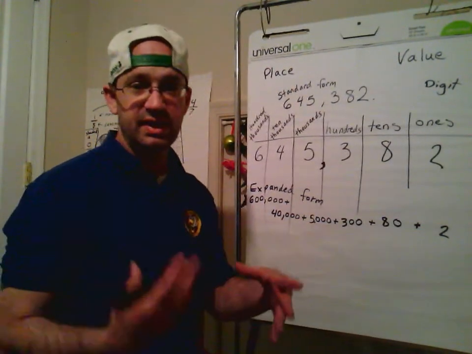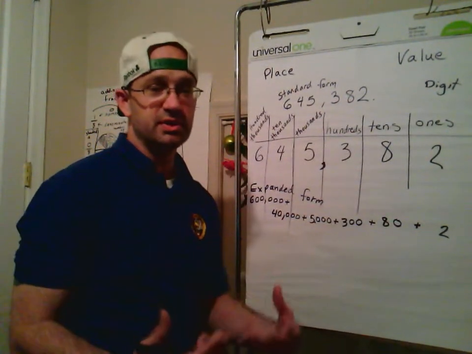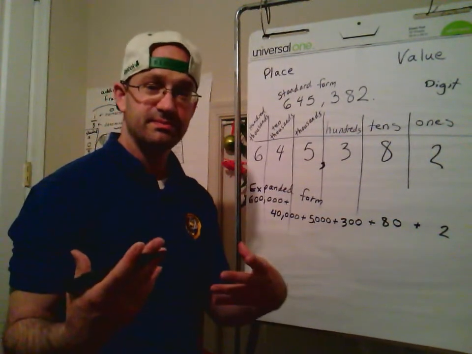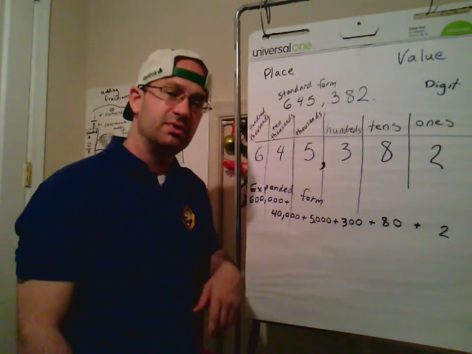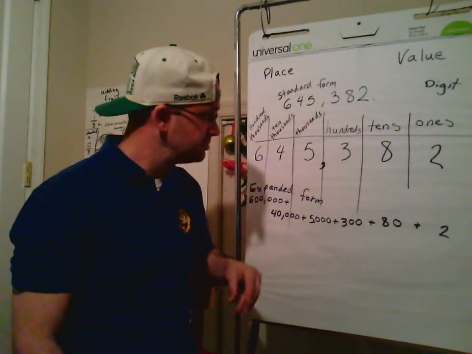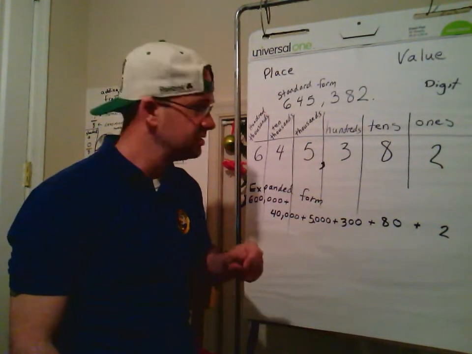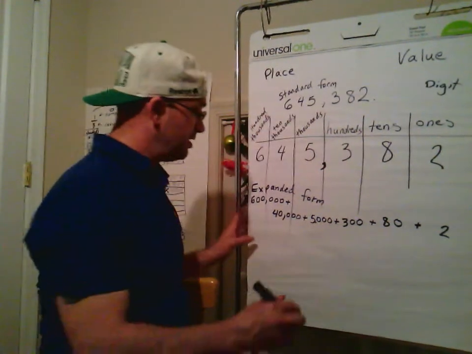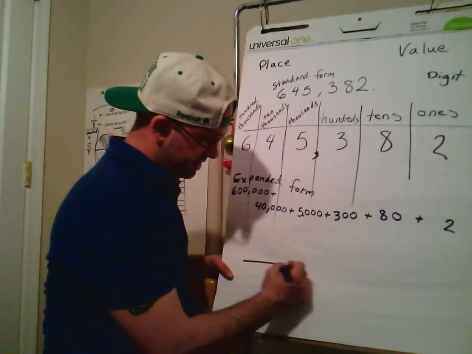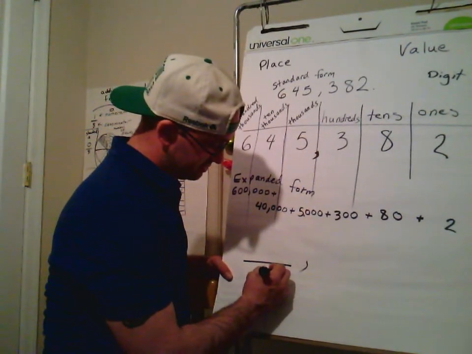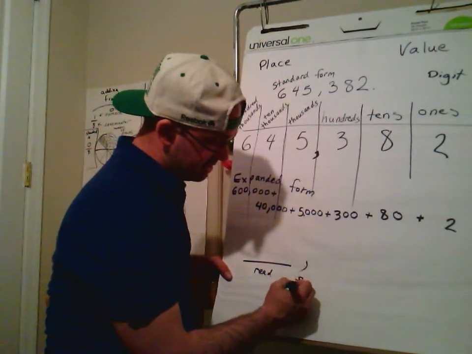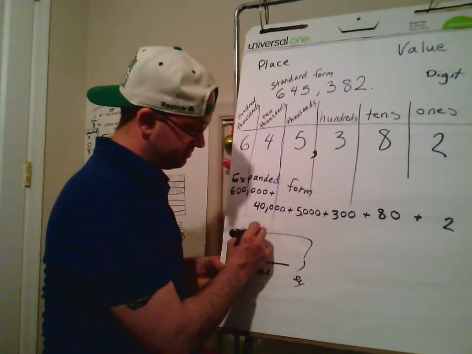645,382. And we had a little song earlier in the year. It's called, who remembers that? Read, say, read. So you have to look at the thousands. Read, we read this. We say the house it came out of.